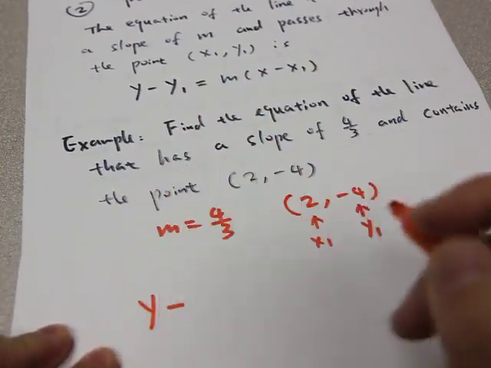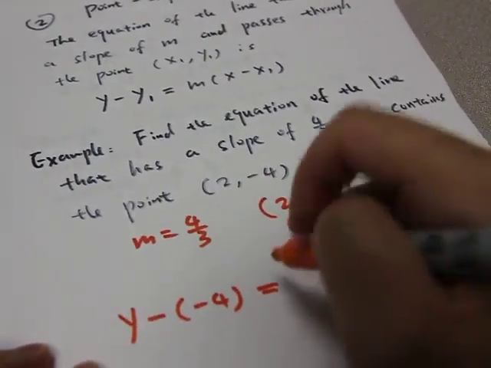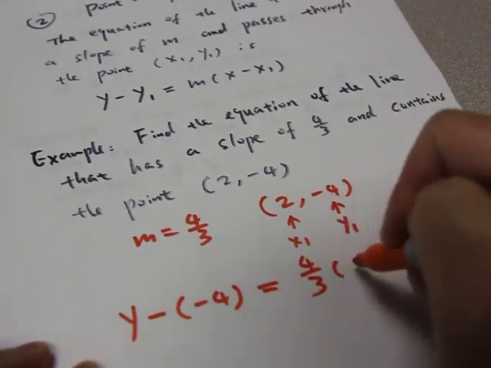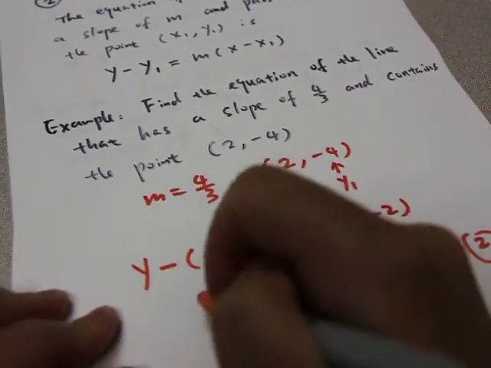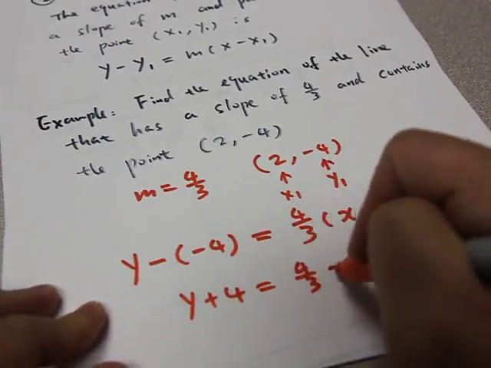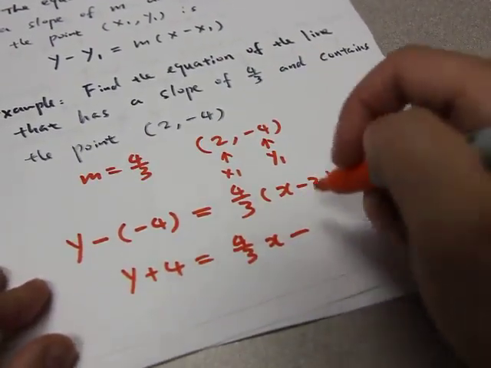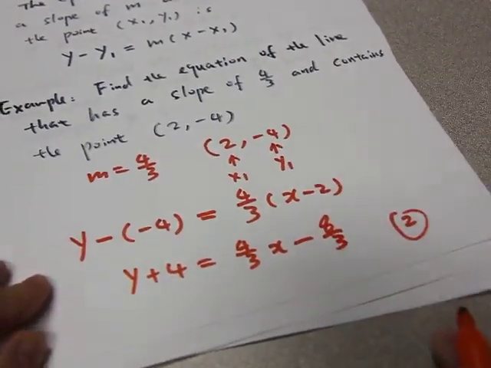So we have y minus -4 equals 4/3 times x minus 2. So we're going to have 8 over 3.